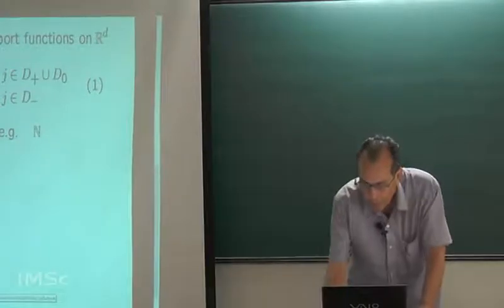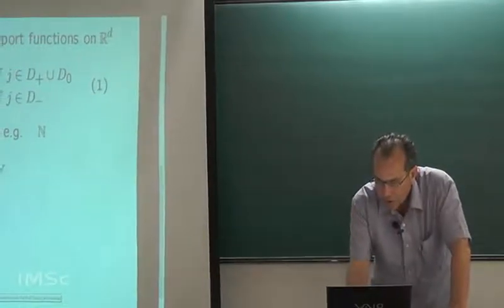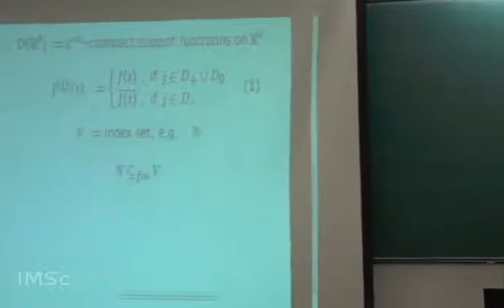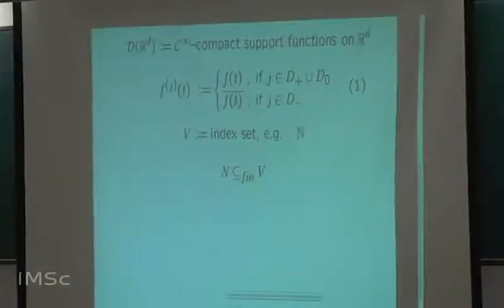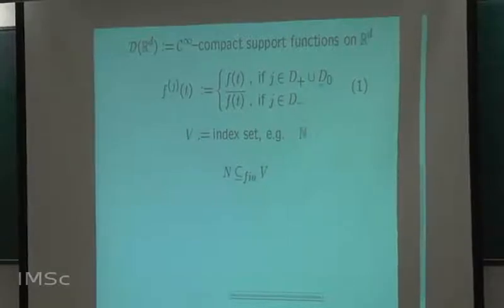Then we introduce the notation, this index J or S, sometimes we use S, sometimes we use J, because you remember that the annihilator is antilinear in the test function, because it must be the adjoint of the creator. Therefore, we put the index for this index set D plus union D0, where the dependence on the test function is complex linear.